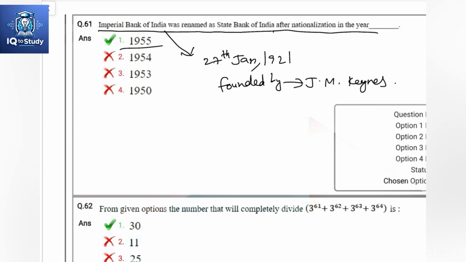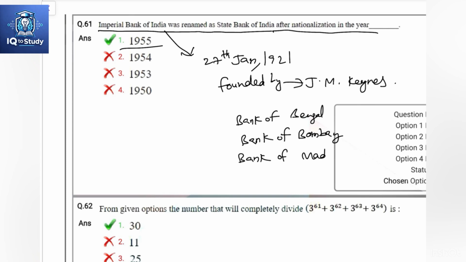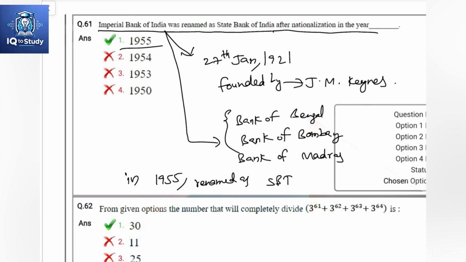And it was done by merging 3 presidency banks into a single banking entity: Bank of Bengal, Bank of Bombay, and Bank of Madras. And in 1955, it was renamed as State Bank of India.